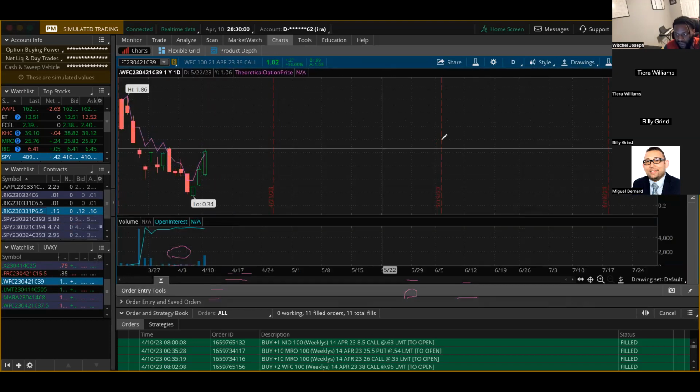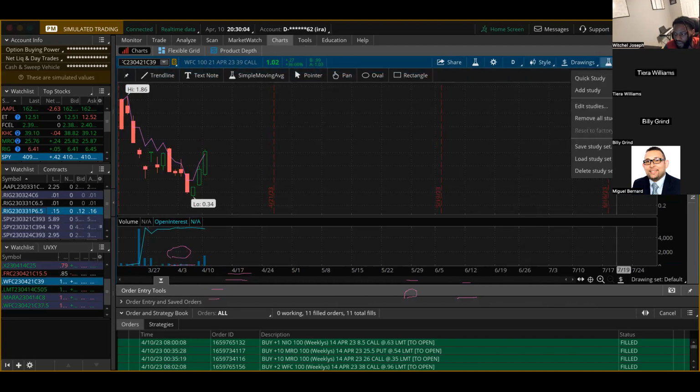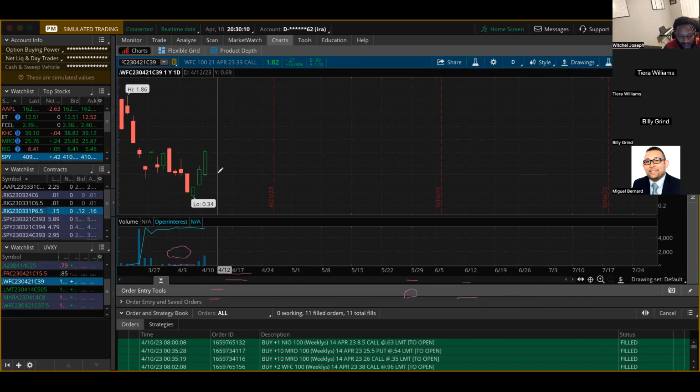This is the premiums, basically the option prices. Let me erase this line, I don't need it. These are the prices of the options had you bought them throughout the day. These options started today at 67 and went up to about 104.